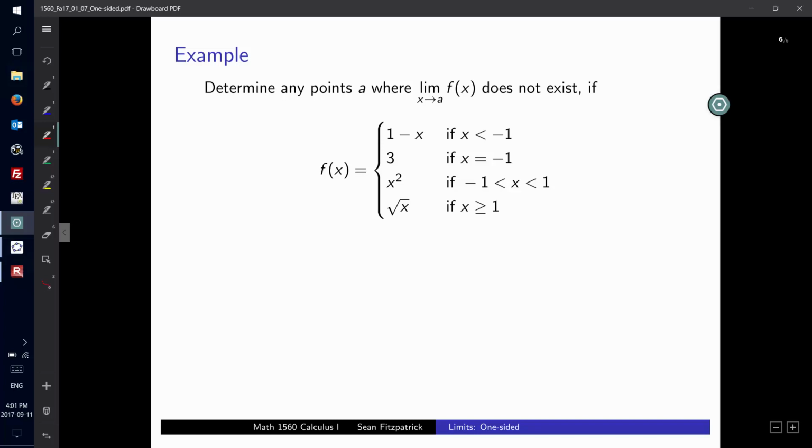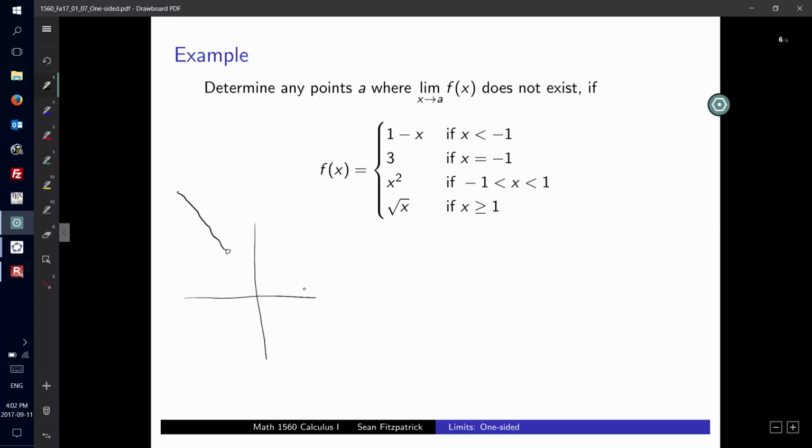If you want to analyze things analytically, well, often it helps to look at both the formula and the graph. Let me quickly sketch out what this thing looks like. Well, we've got a line y equals 1 minus x when we are less than minus 1. So that's going to be something like this. Okay.